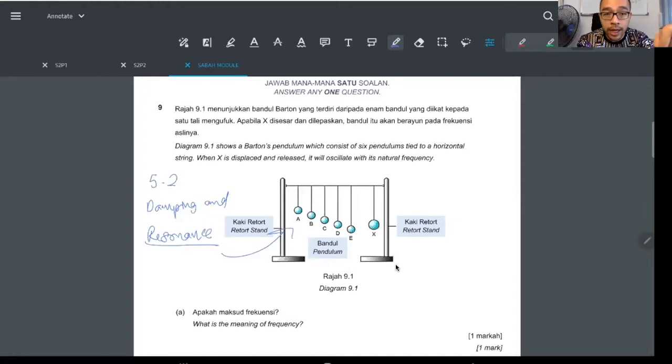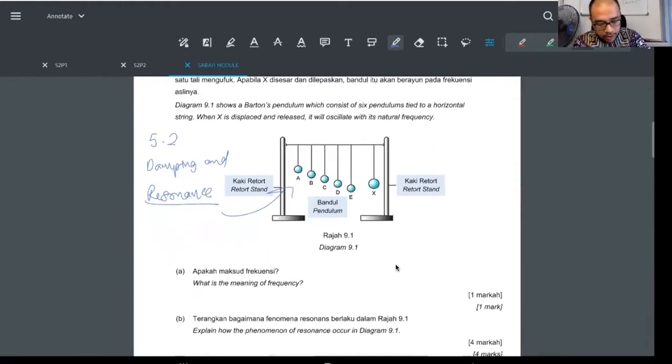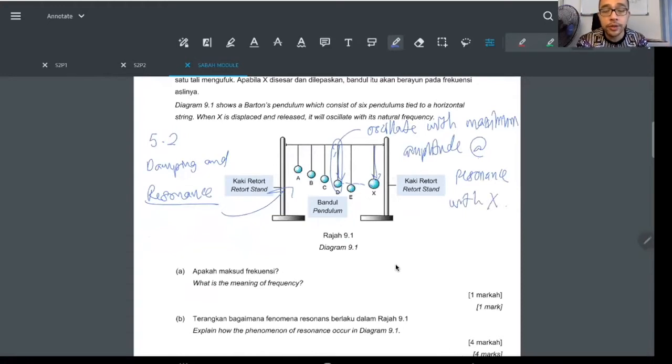The idea behind Barton's pendulum is when you move X, only the one that has the same length as X will oscillate with maximum amplitude, also known as resonance with X. So you have 5 different pendulums, A, B, C, D, E, and then you only move X.